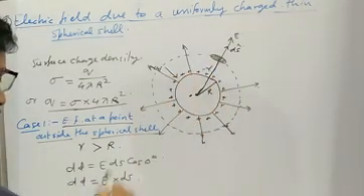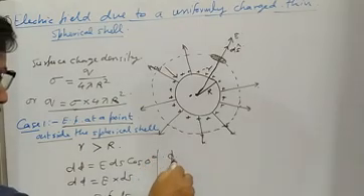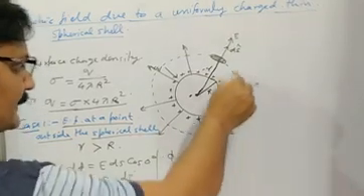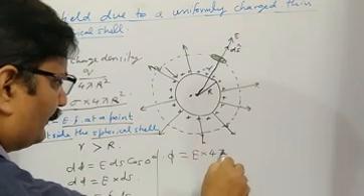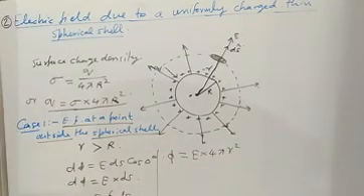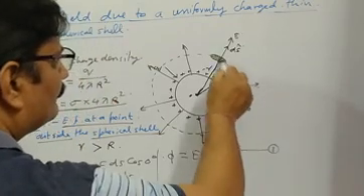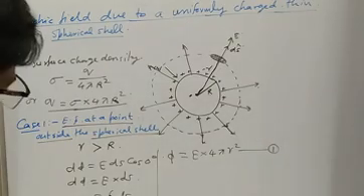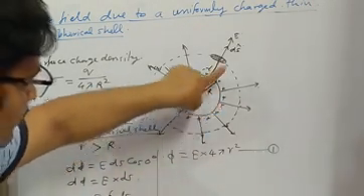The Gaussian surface is a closed surface, so integral d phi, that is flux passing through the Gaussian surface, phi is equal to E multiplied by the total surface area of the larger sphere, and it's going to be 4 pi small r square. This is equation 1, the flux passing through the larger sphere.